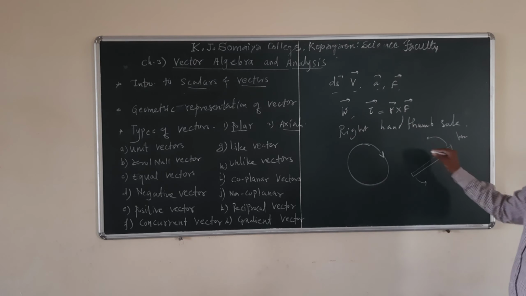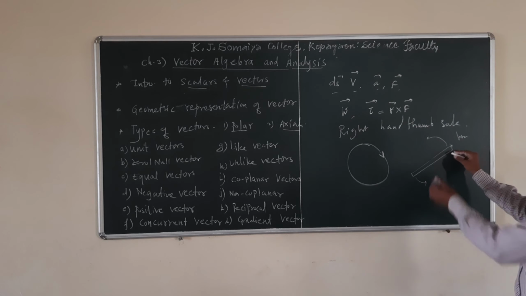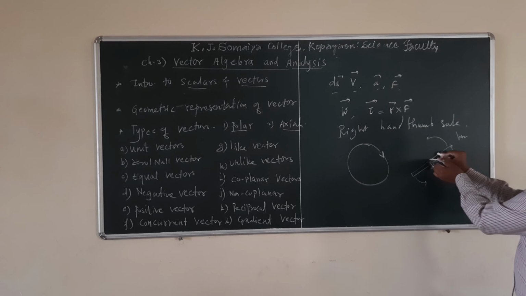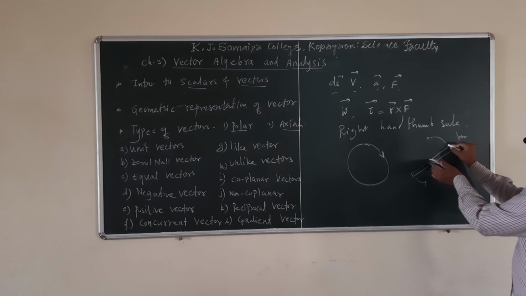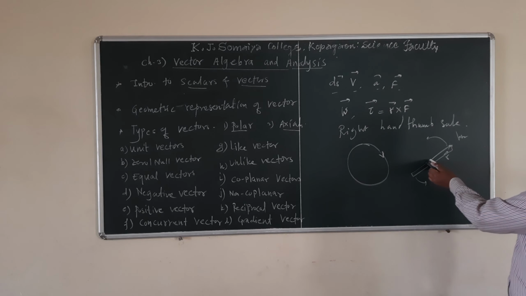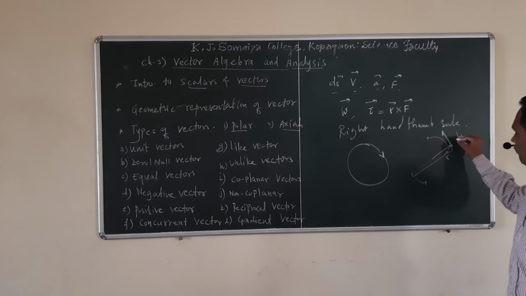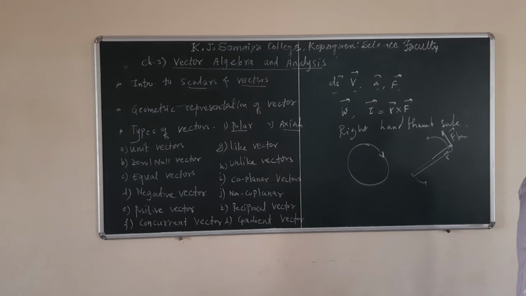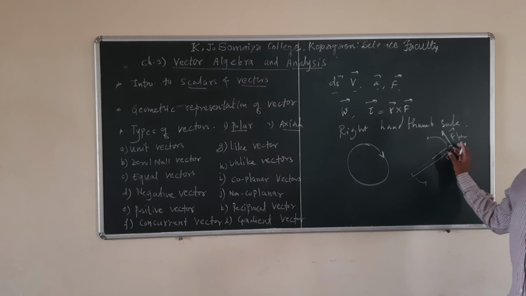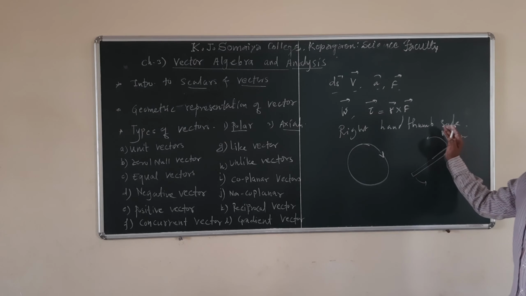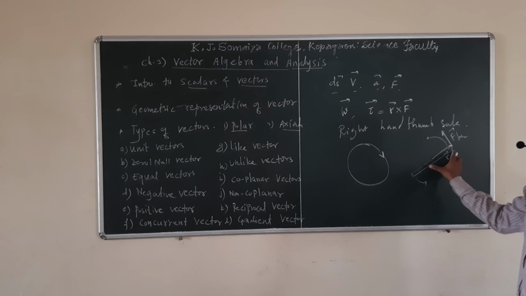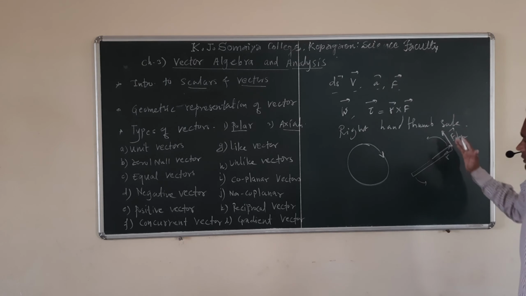R means if we take a point over here, then the position of that point from the axis of rotation is vector R. And we are applying force in this direction. If we don't apply force in this direction, then that bar will not move at all. We have to push that bar like this.